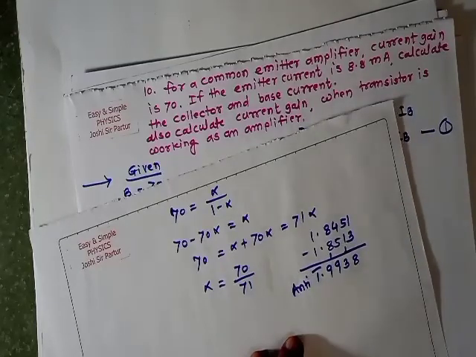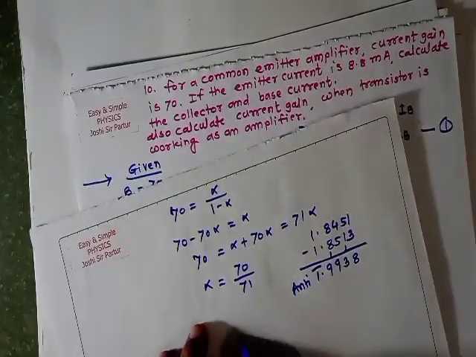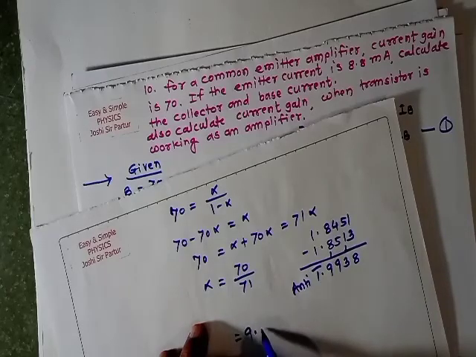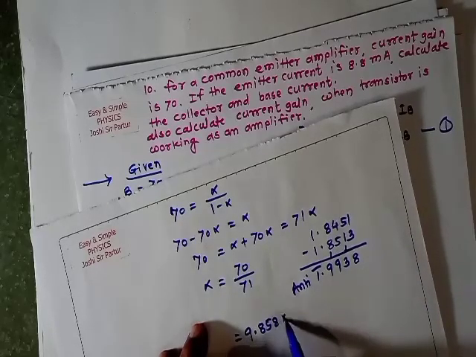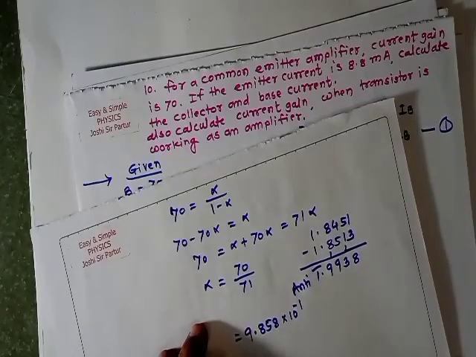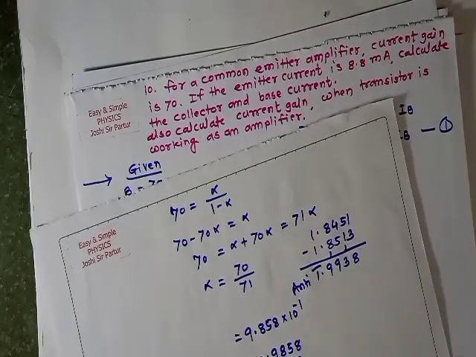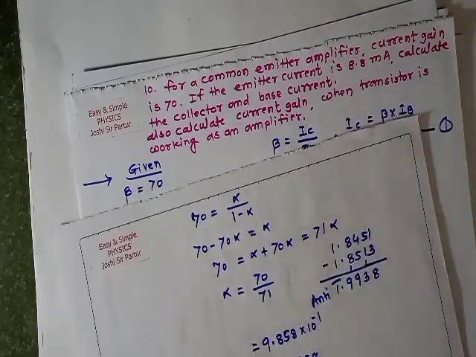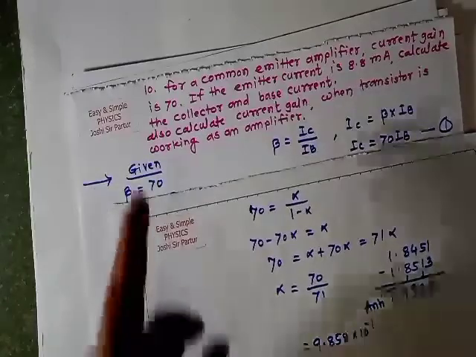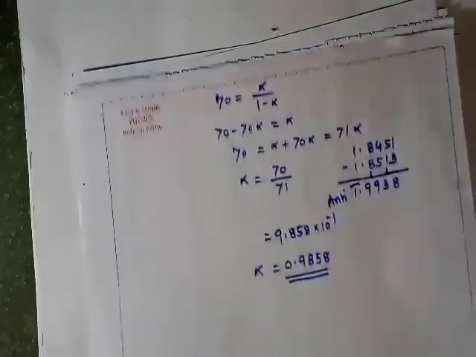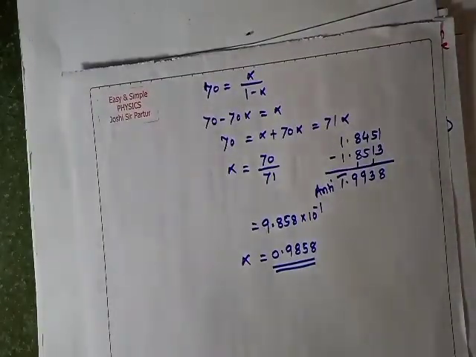Take its antilog, which will be 9.858 into 10 to the power minus 1. So alpha is equal to 0.9858. So the current gain will be 0.9858. That is the answer for numerical 10.